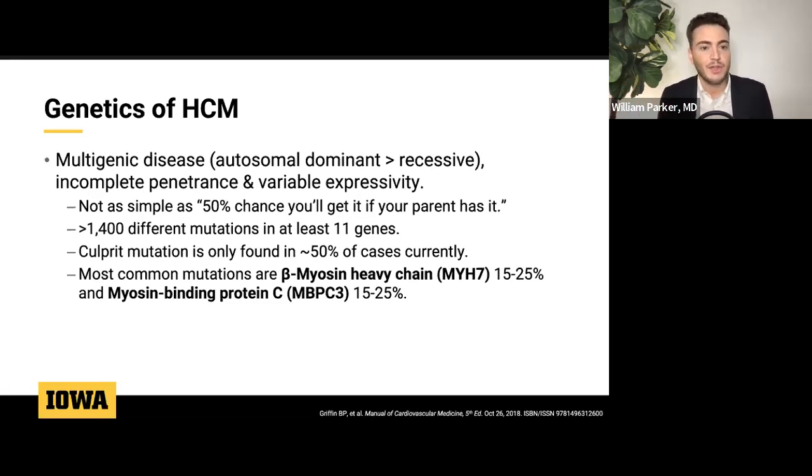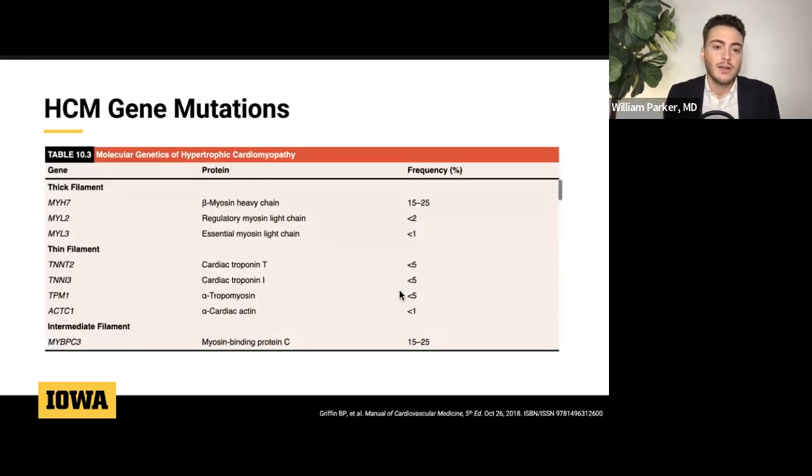And then something I feel like maybe is a little bit of test fodder: the two genes most commonly associated with hypertrophic cardiomyopathy are mutated beta myosin heavy chain and myosin binding protein C. This is just to show you, they're both 15 to 25%, but somewhere in between, really the majority of cases are these very infrequent mutations or just mutations that we haven't identified yet.